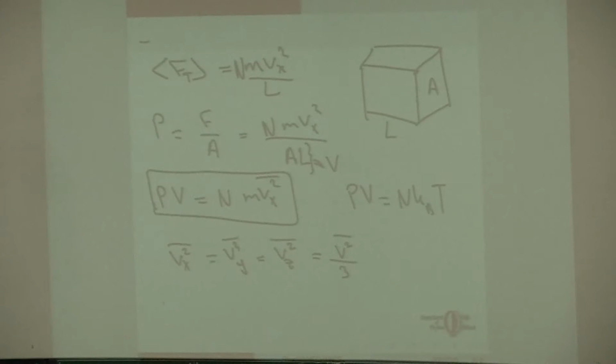So this tells me that PV is equal to N times m v squared average. Well, let me put a 1 over 2 over here, times 2 over 3.